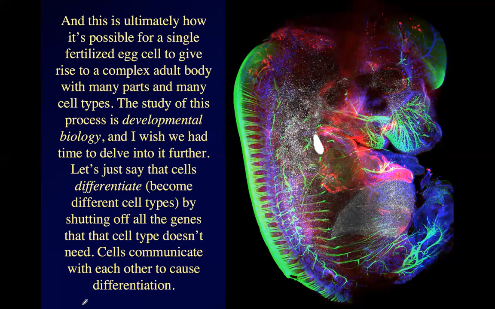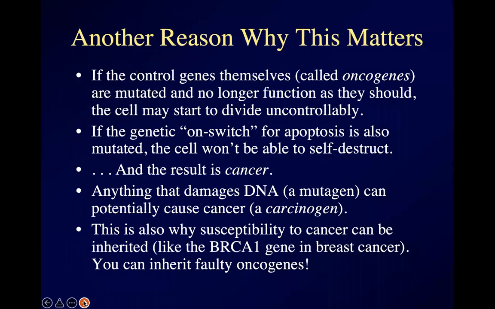Cells become more and more specialized as an individual develops from a fertilized egg through an embryo to a mature adult. Okay, and again, that's a huge field, and I can't give you more than the tiniest little taste of it, but that's ultimately how organisms develop from egg to adult.